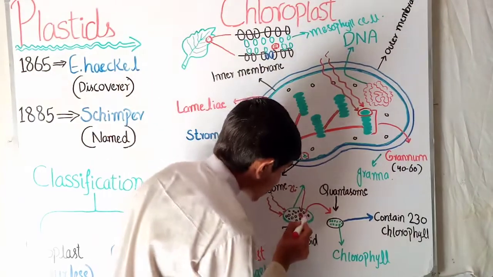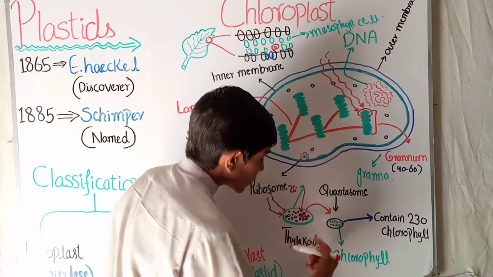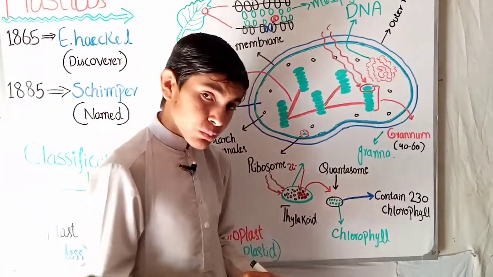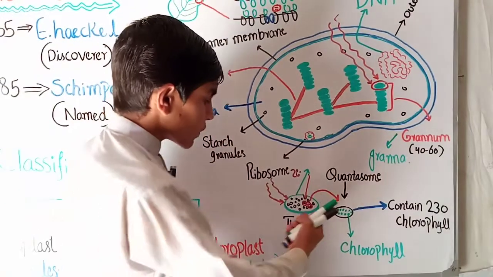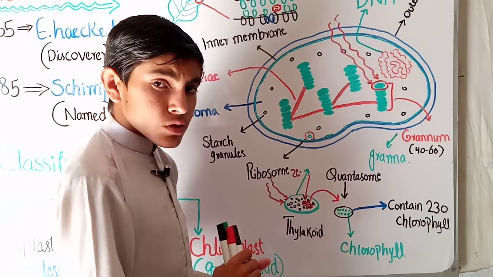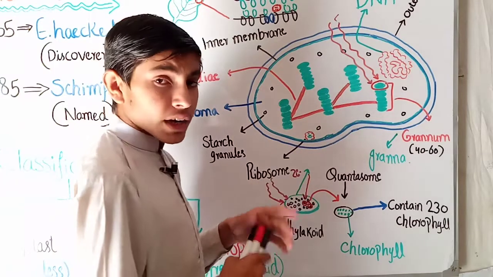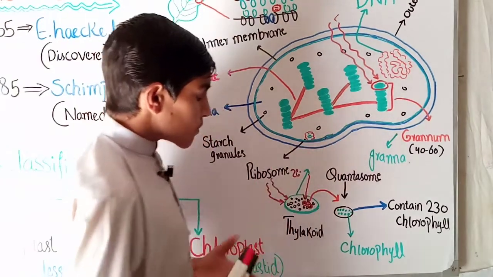This will give the electron to this, and it will carry it to another chlorophyll in order to synthesize ATP from ADP. And then it will come out to the stroma, and with the help of CO2 it will undergo the process of the dark reaction, in which the glucose will be formed.